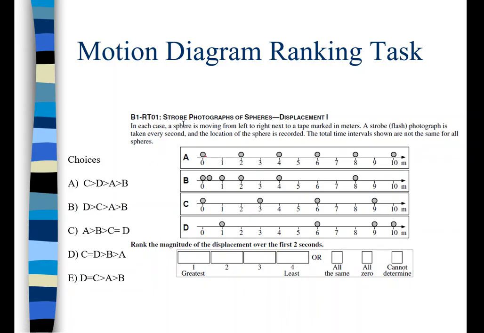So, like this is 0 seconds, 1 second, 2 seconds, 0, 1, 2. You say, oh well, okay. Which one has the largest distance? Which one has the smallest distance? And so on.